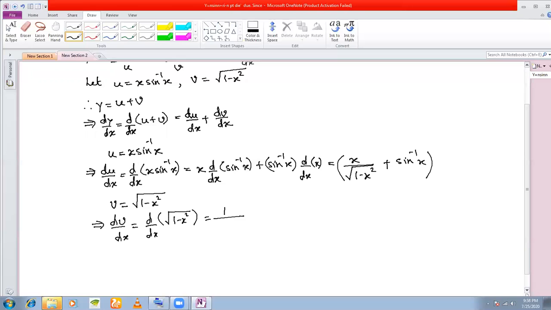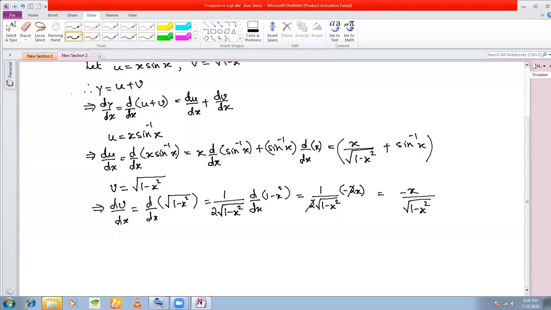We first differentiate the root, 1 by 2 root 1 minus x square, into the d/dx of 1 minus x square, which is minus 2x. So the 2 will cancel. Minus x by root 1 minus x square.